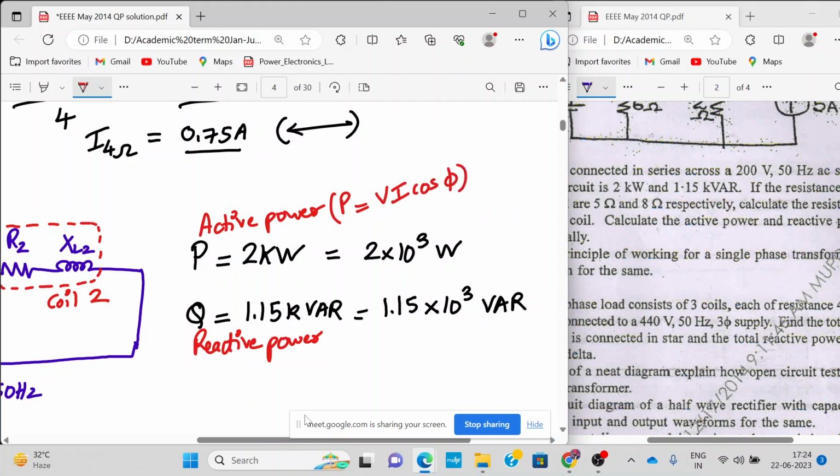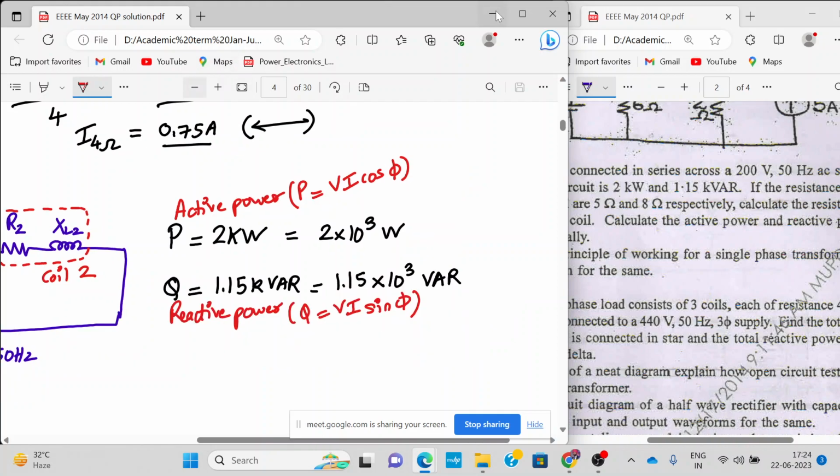Yes, and reactive power is VI sin phi. That's it. VI sin phi is the reactive power. Anyways, this will be helpful to us. Just wait. Okay. Can we start now? This much is clear to you.